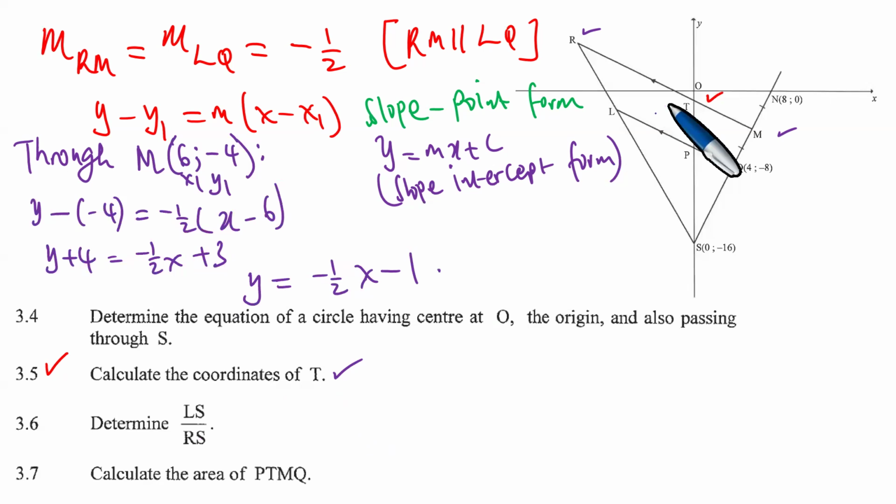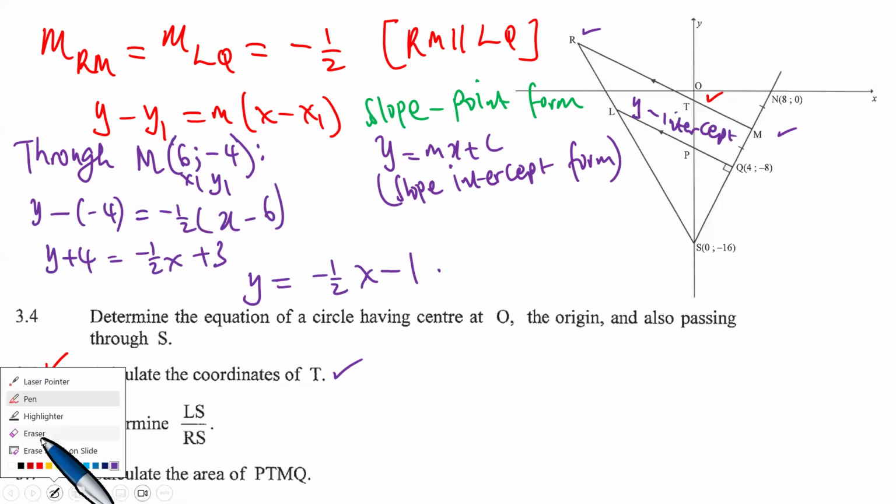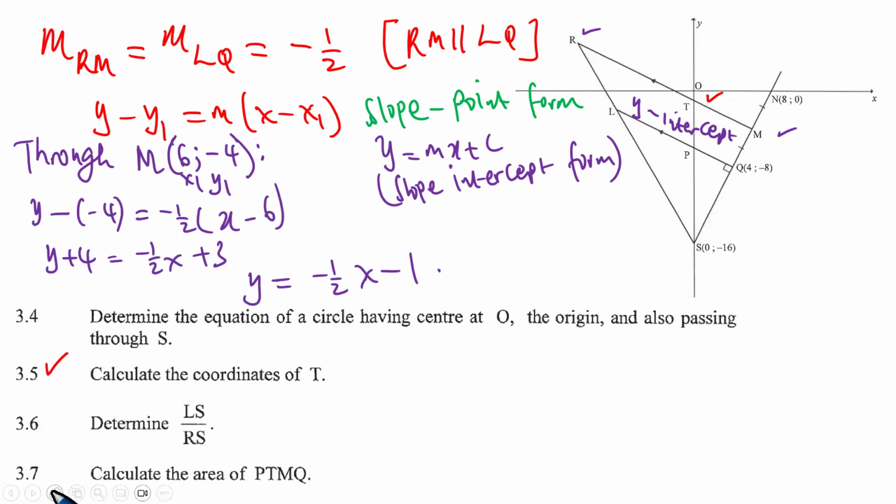But T is a y-intercept, so we want to find the y-intercept. How do we find a y-intercept? We let x be 0.